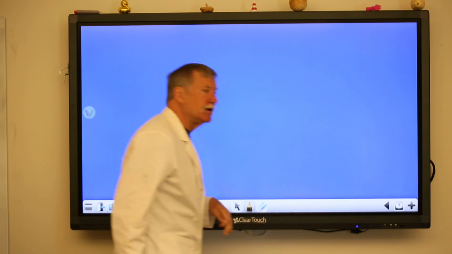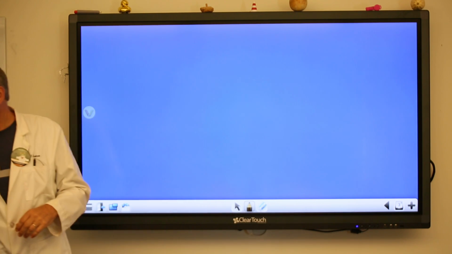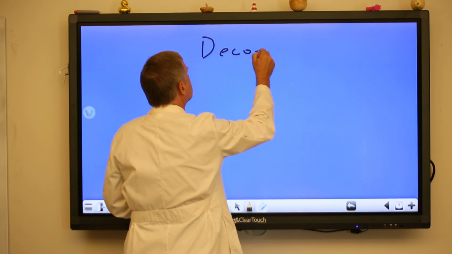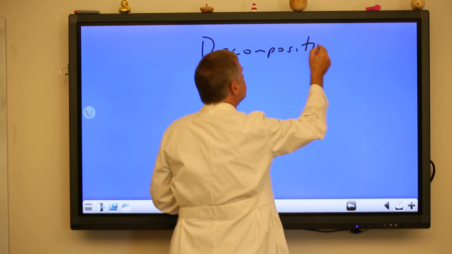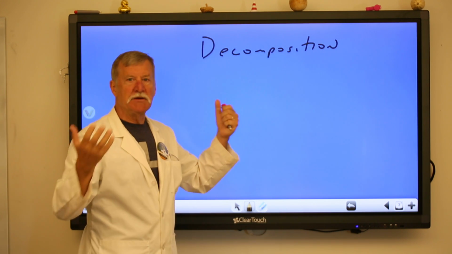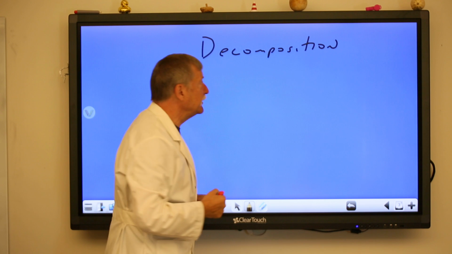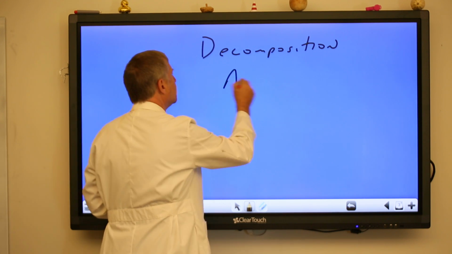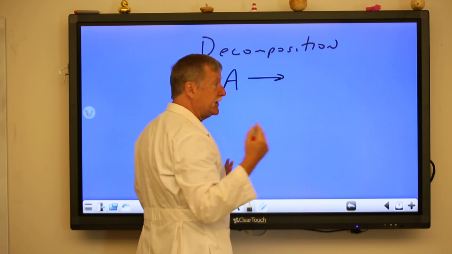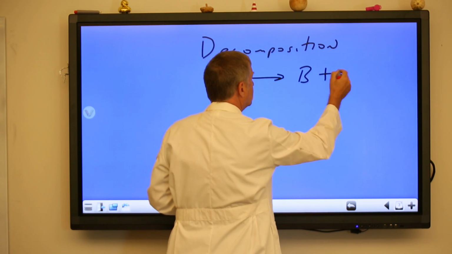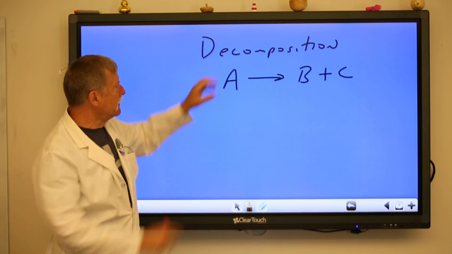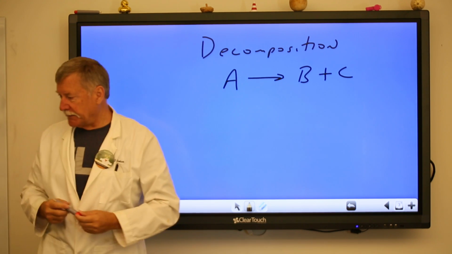Now the opposite of a synthesis reaction, all right, is a decomposition reaction. Decomposition, like to decompose, to break apart, to get simpler instead of more complex. And that says you start with 1 reactant, and that yields, breaks into 2 or more products. Starting with 1 breaks into 2, all right?